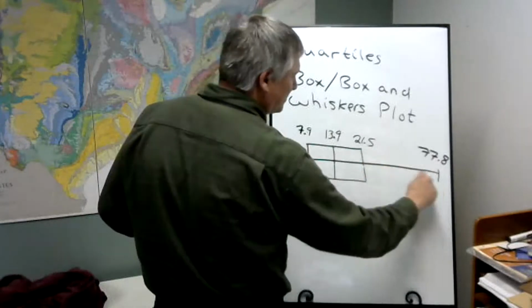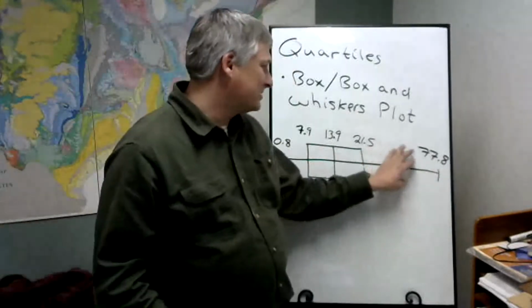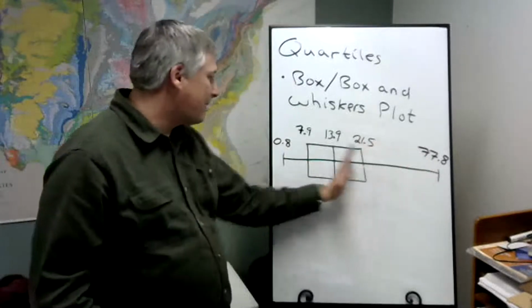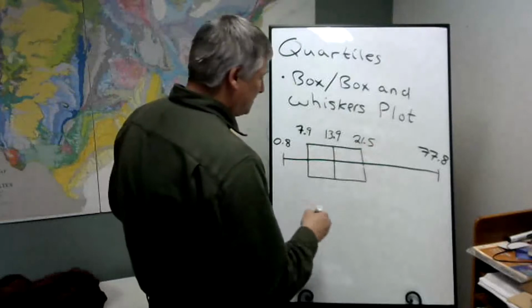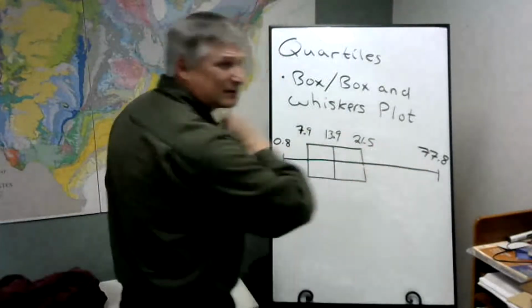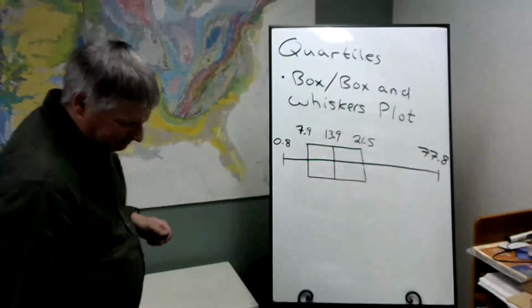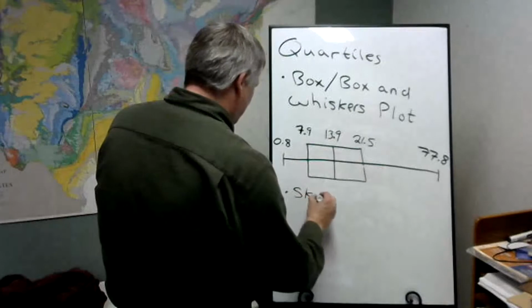There's only 25% above. So this is actually skewed. There's not much data on this end, but a lot more data on this end. So there's a whole bunch of data here that's pretty dense, and then it gets very sparse out here on the right. So one thing we can notice with this, there's skewness.